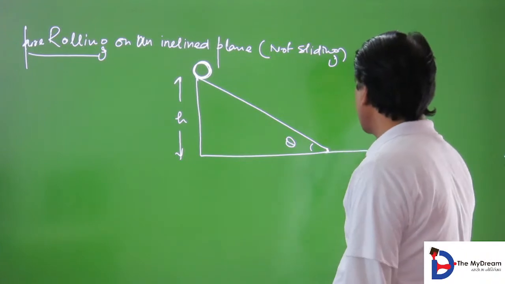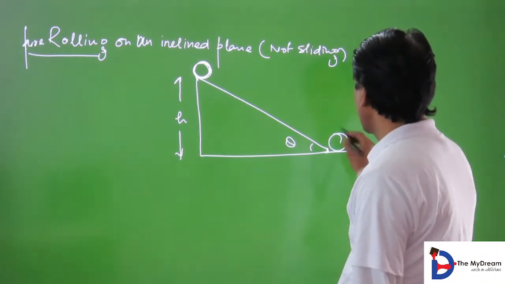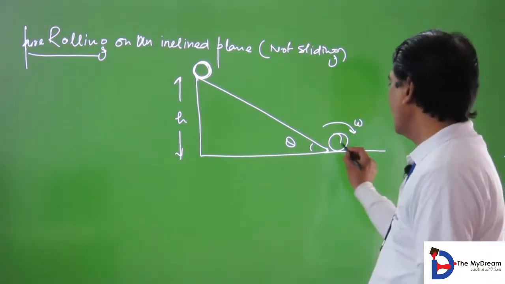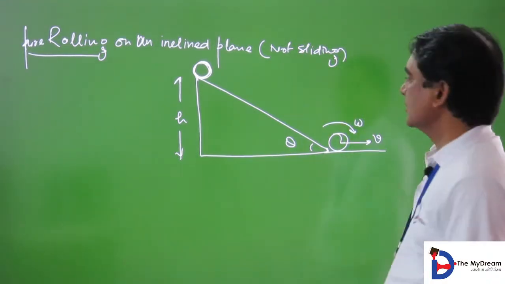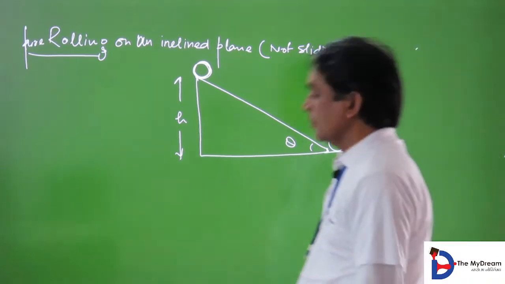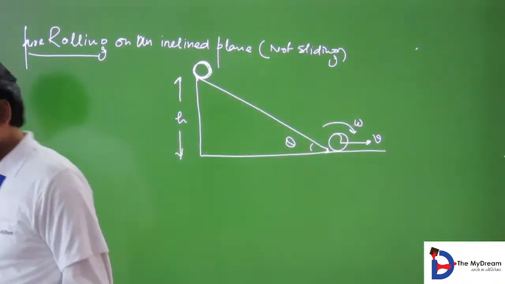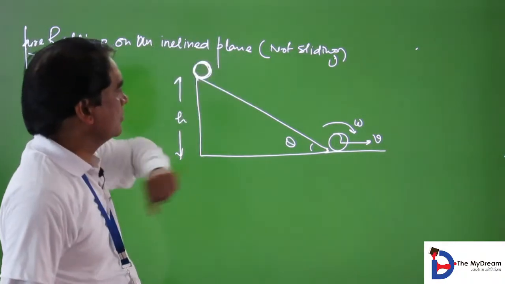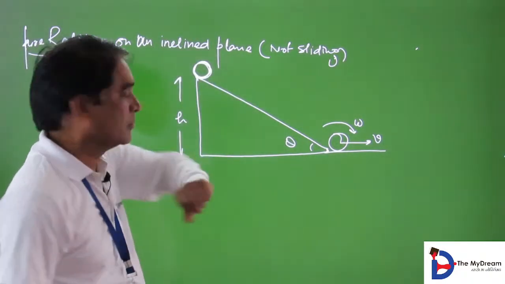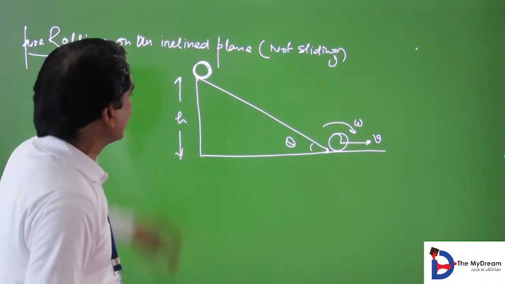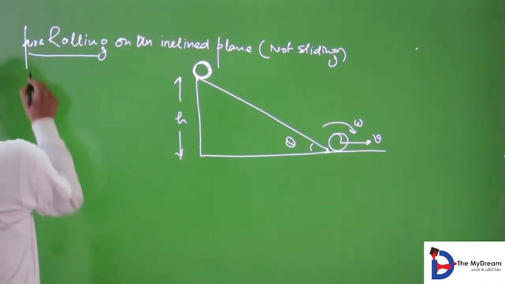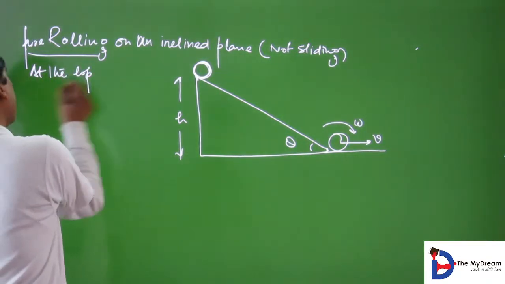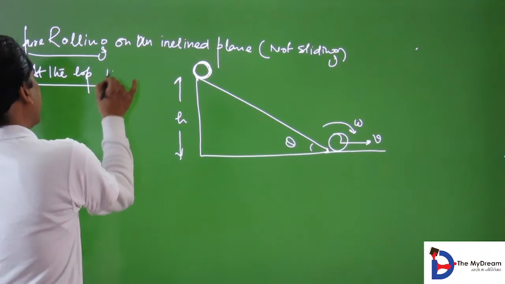As it reaches the bottom, इसके पास एक अपनी एंगुलर वेलोसिटी है और एक बेटे कौन सी है, लीनियर. Yes, this object rolls, not sliding. Here it is at the top. Kinetic energy क्या है, 0.